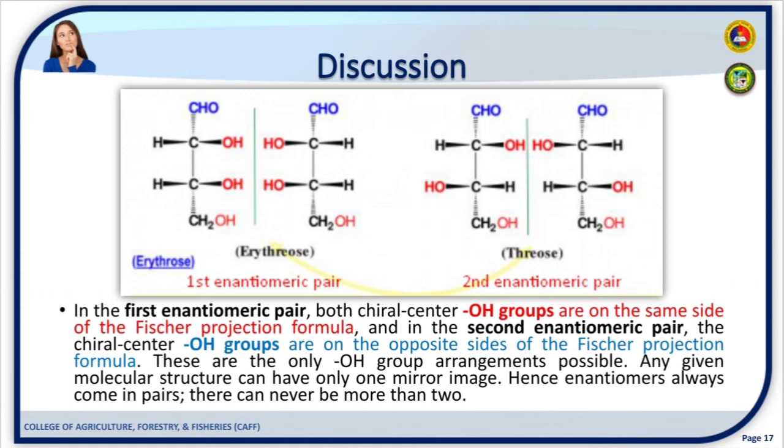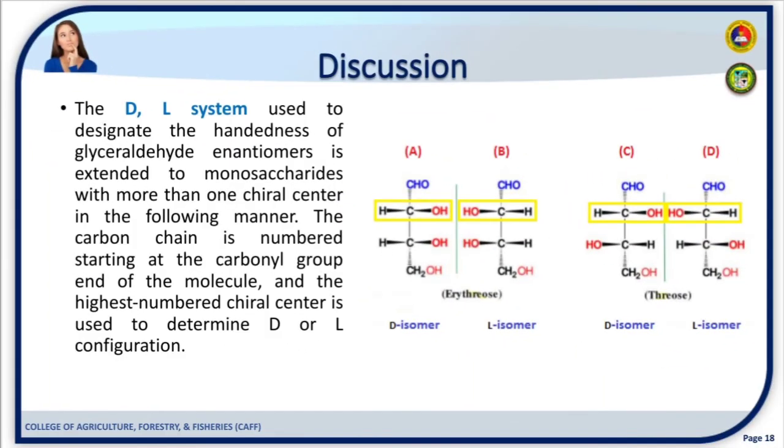Remember, enantiomers always come in pairs. Just like our example, the first enantiomeric pair is erythrose and the second enantiomeric pair is threose.